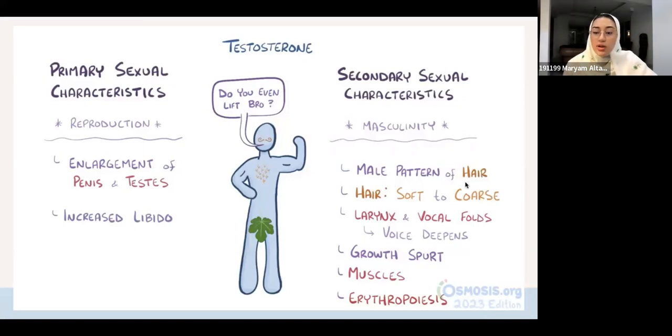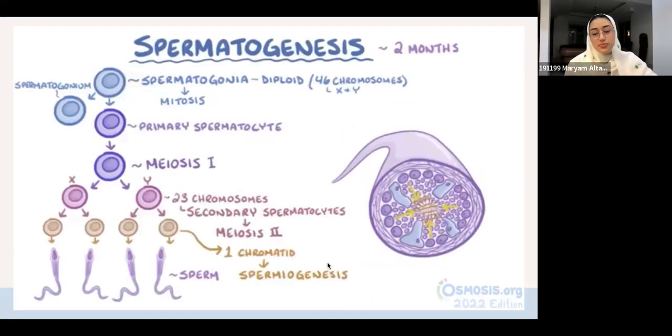So a male pattern of hair, so facial hair turns from soft to coarse. There's a deepening of the voice, growth spurt, increased muscle mass, and erythropoiesis, which is increased formation of red blood cells. So in general, males have a greater amount of red blood cells than females. And this is one of the reasons because they have an increased level of testosterone in comparison. Okay, so these are just the different sexual characteristics.